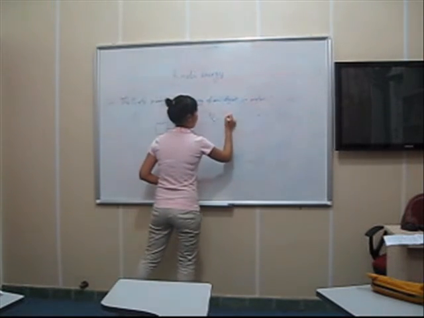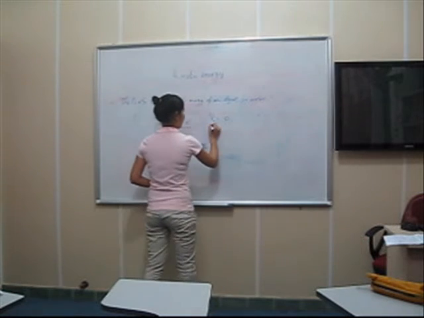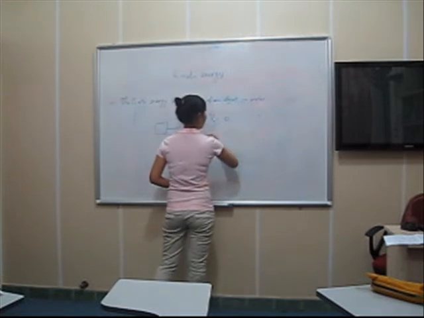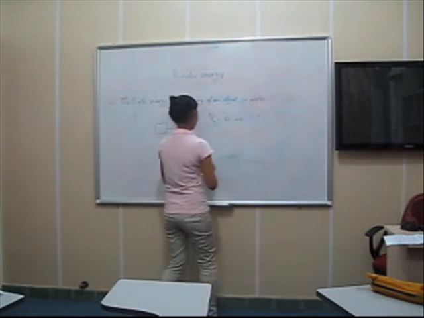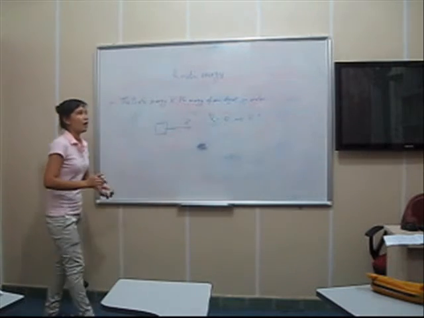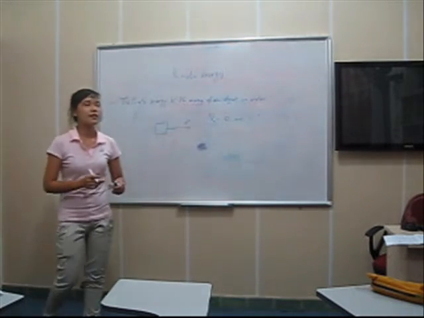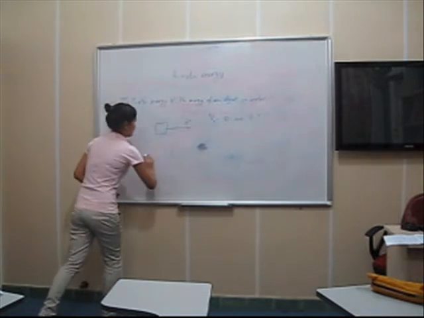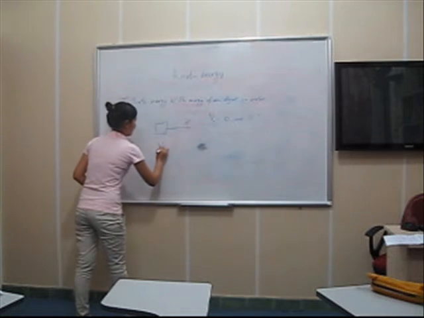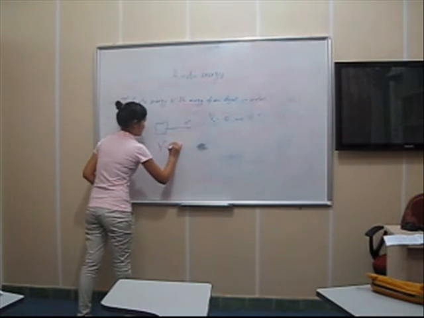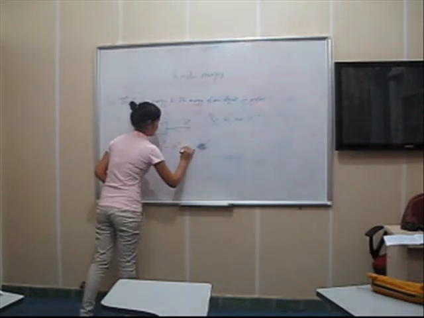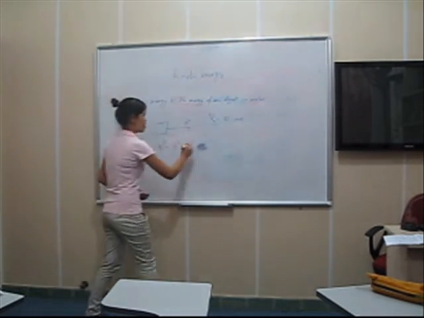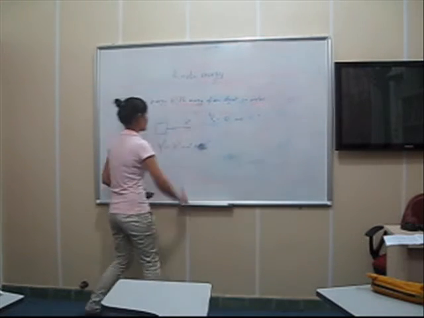V initial is equal to 0, and V final equals V. Following the kinematic equation, we have v squared minus v initial squared equals 2as. Do you remember? Yes.